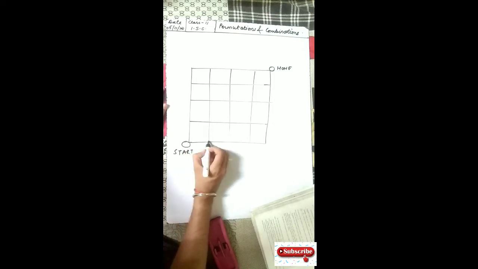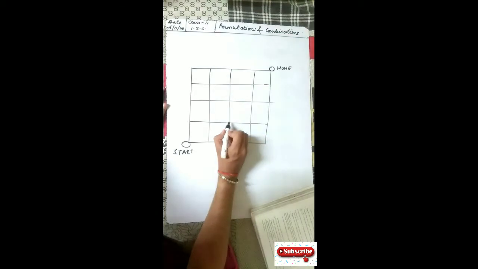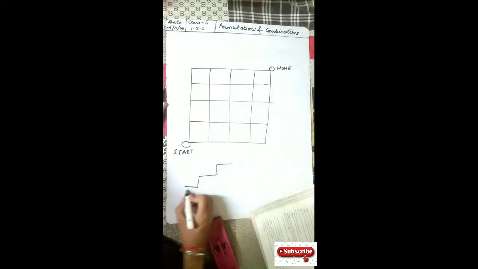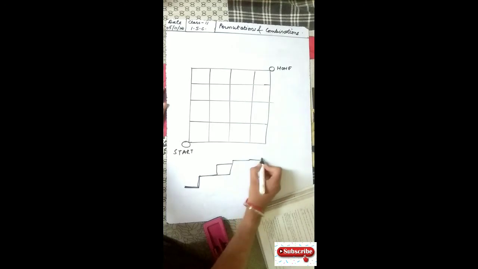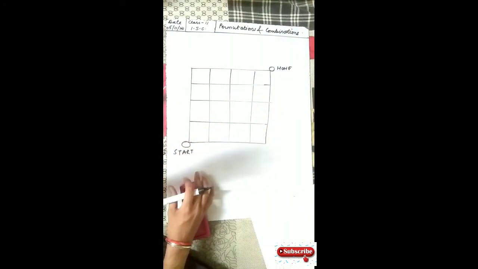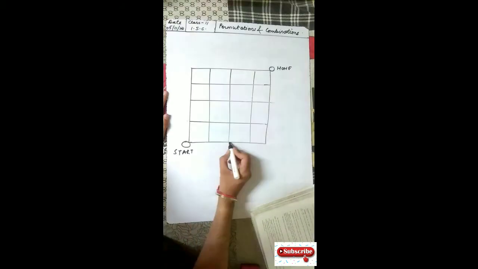If you started walking here and walked up, you can't come back, and you should not take a left turn. You should go straight, either upward or right. I'm clearing the conditions you have to keep in mind. It is not necessarily in the same order, like 2 rights, 1 upward.